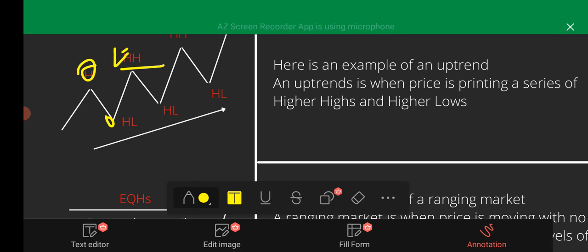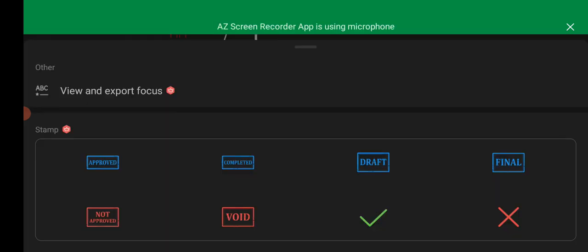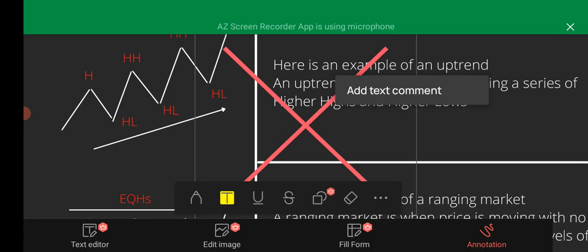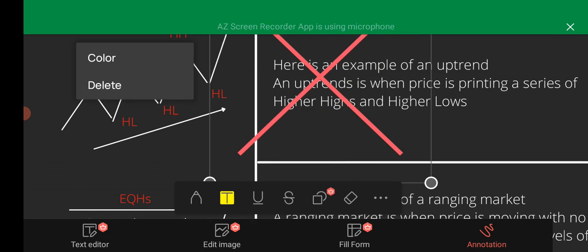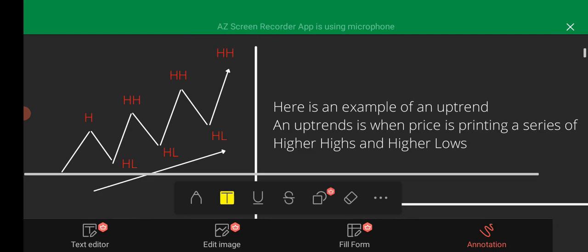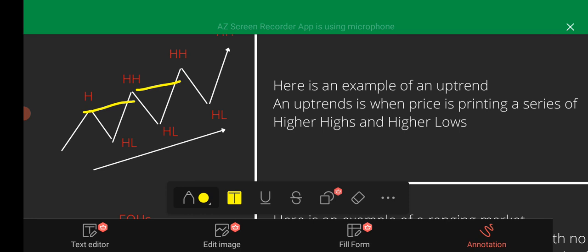We have to see the market breaking these higher highs, like what you can clearly see here. This higher high was broken, this higher high also was broken, and this higher high also was broken. That is what tells us the first criteria.